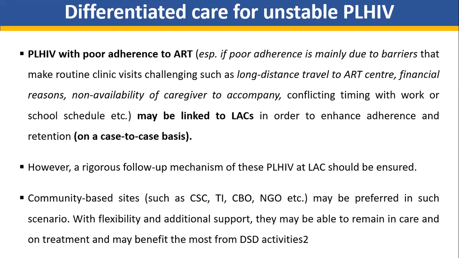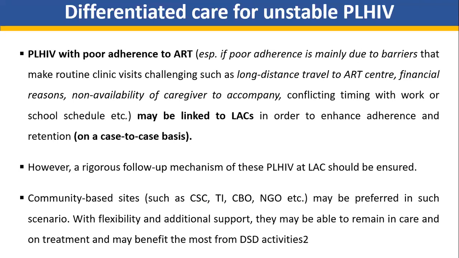Such patients, if identified and they have issues reporting to the ART center, may be linked to their linked ART center on a case-to-case basis, and enhanced adherence counseling can be provided by the counselor for further adhering to the treatment regimen.